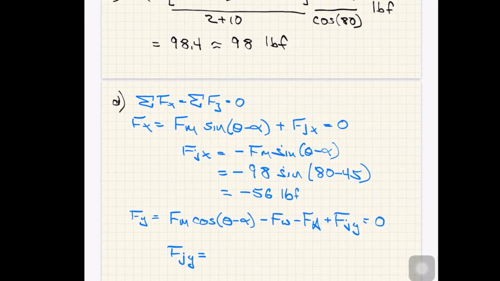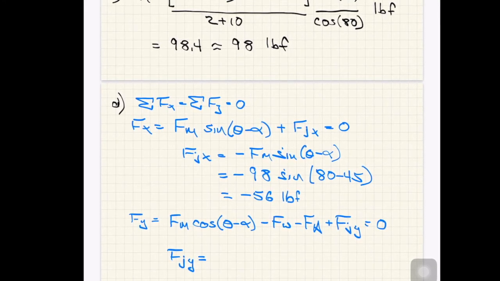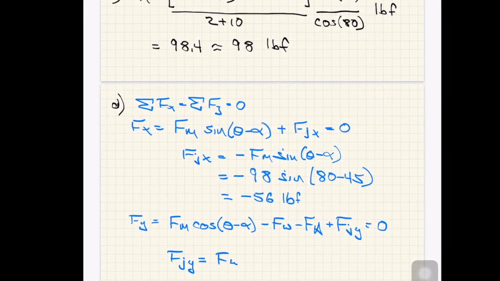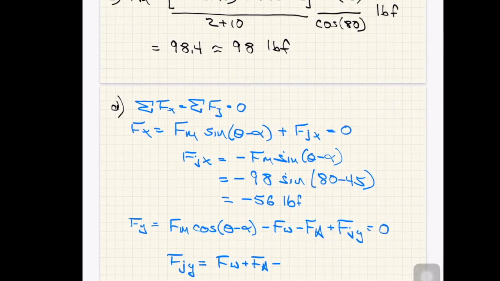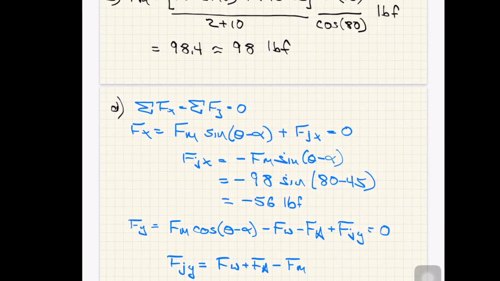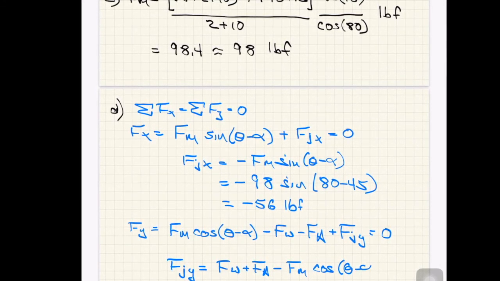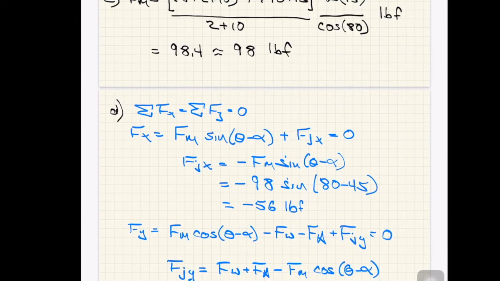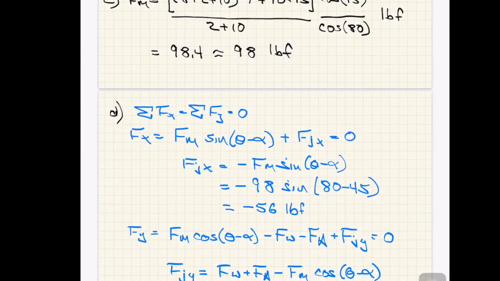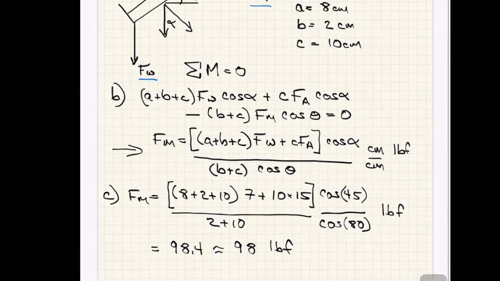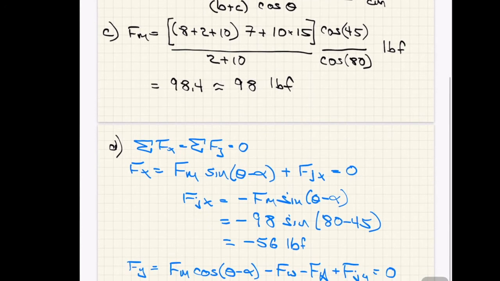So that will now be equal to all the other terms, so that will be Fw plus Fa minus Fm cos of theta minus alpha. Okay, now we can plug some numbers into that because we have these numbers from above. We scroll back up here and we see, okay, what are those numbers? Fw is 7, Fa is 15.